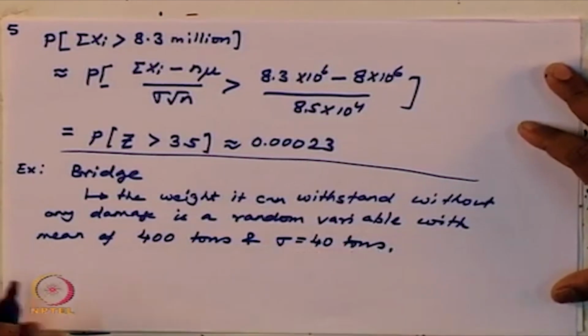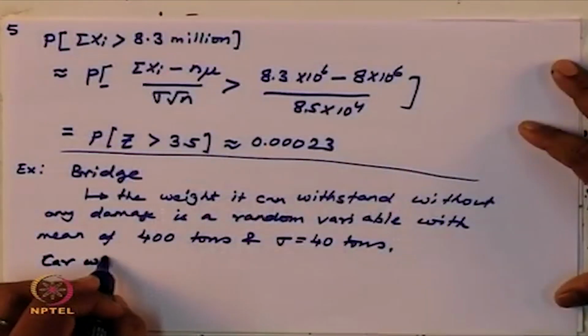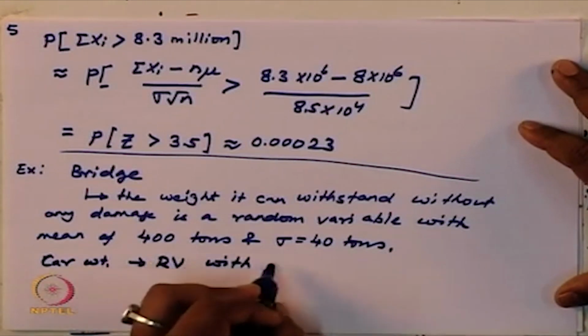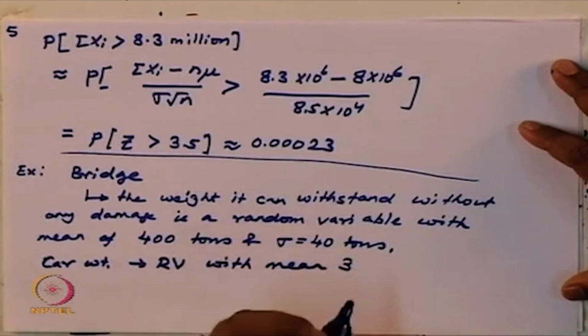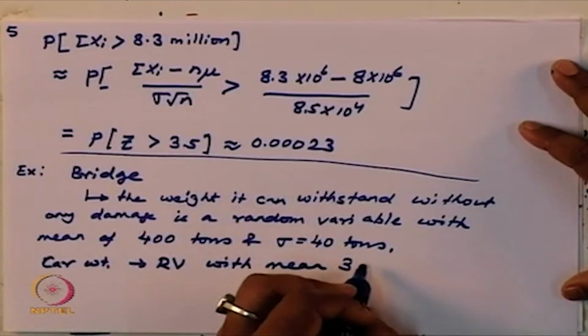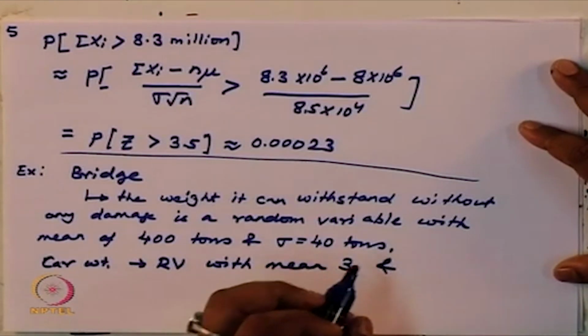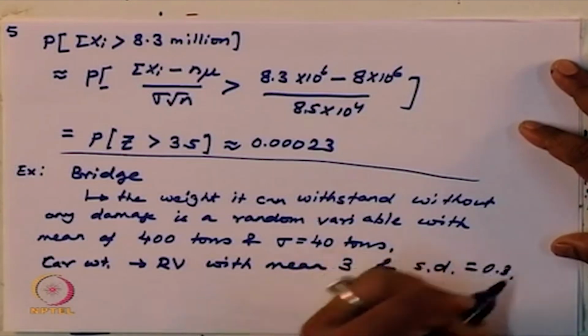Okay. So, cars ply on the bridge on an average. Okay. So, the car weight, imagine it is a random variable with mean 3, okay, and with standard deviation 0.3.